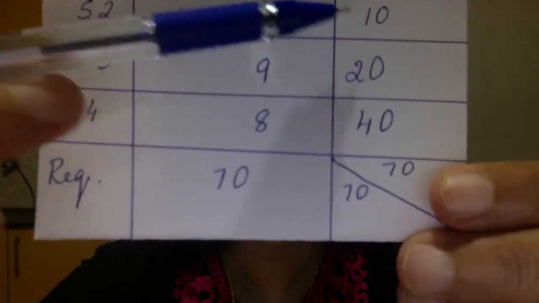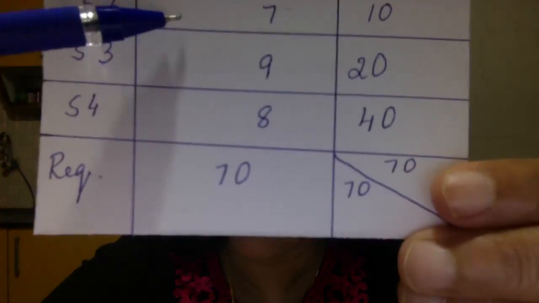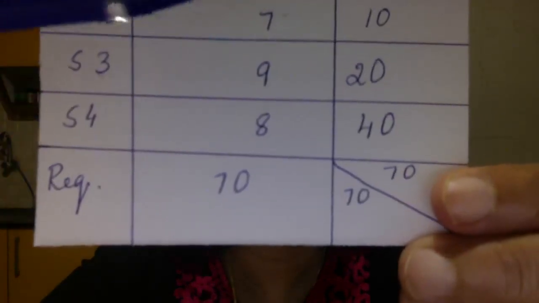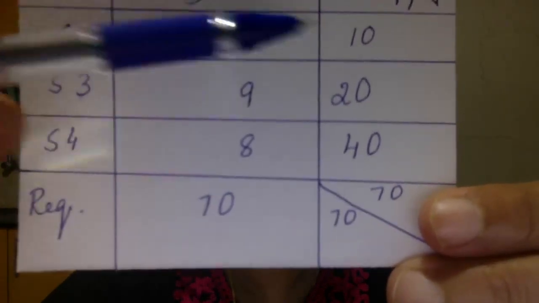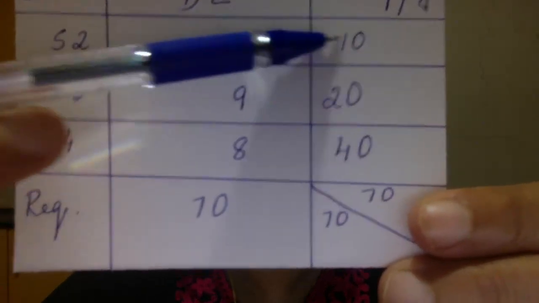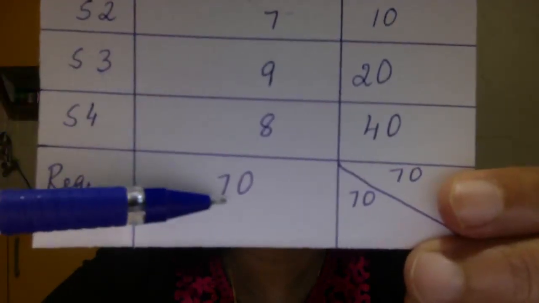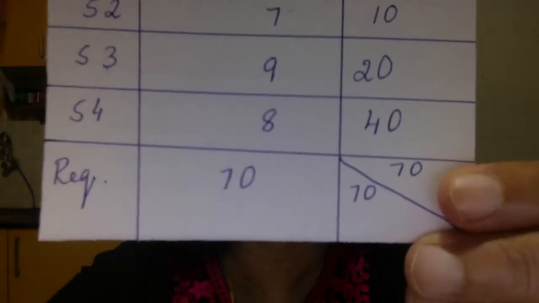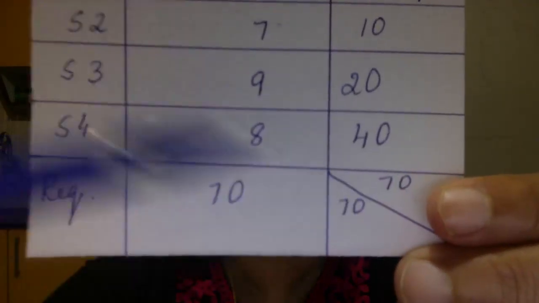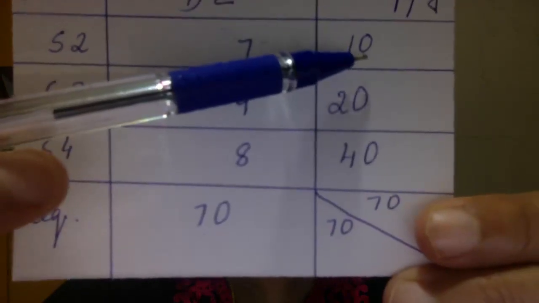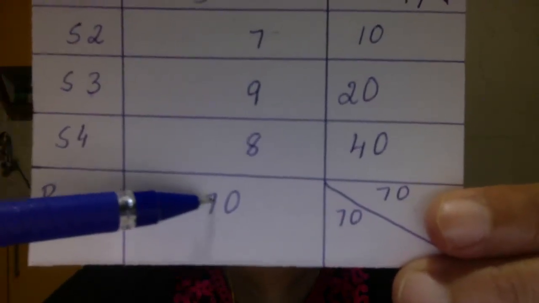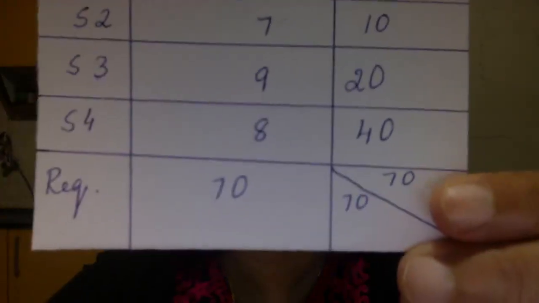Here there is 10. So I will allot 10 to 7. Why? 7 is the least. So I'm doing now 4 things: allot 10 here, cut off 10, make it 0, cut off 70, make it 60, cut off the grand total, make it 60. So do the 4 steps.